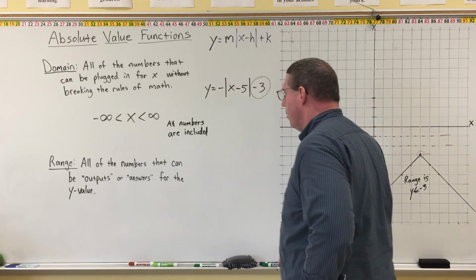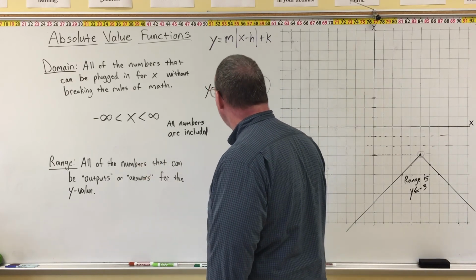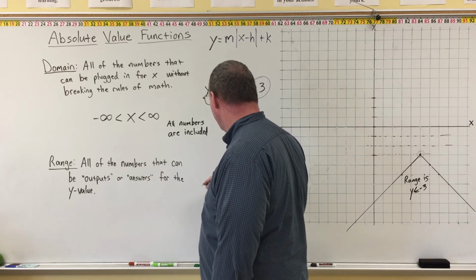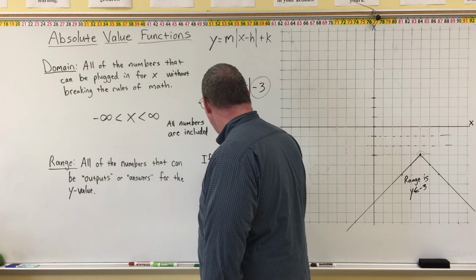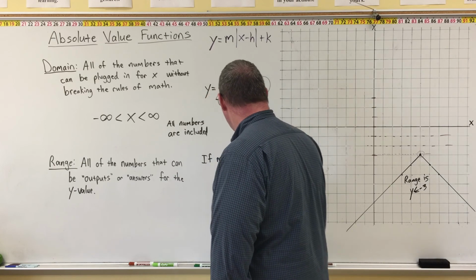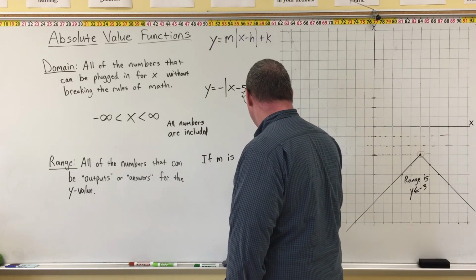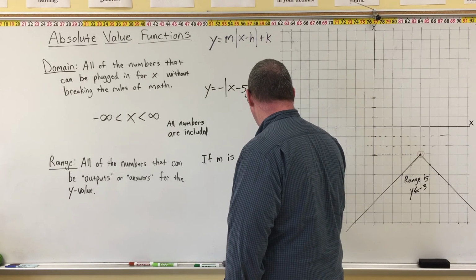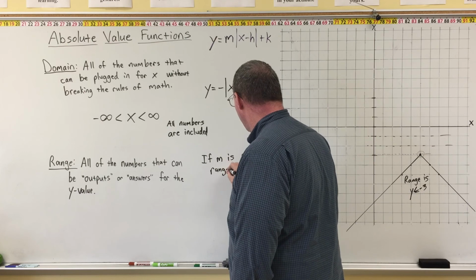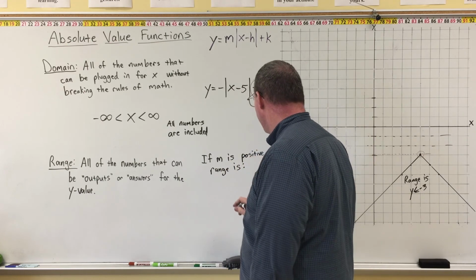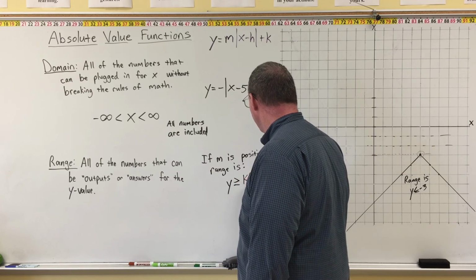I'm going to give you a couple indicators here. Just write this down: how to identify the range of an absolute value function. If m is positive, which in this case it's not, it's negative, the range is y is greater than or equal to k.